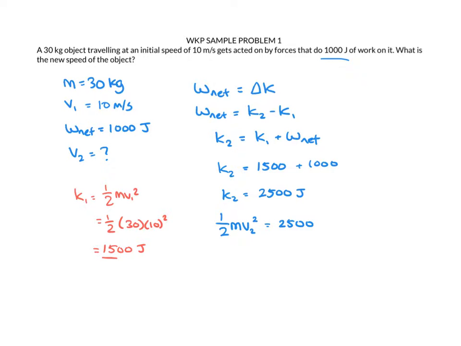I know the mass is 30 kilograms, so I can plug that in. One half times 30 is 15. Divide both sides by 15.